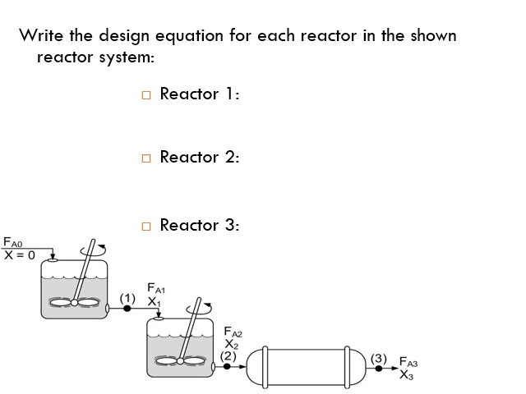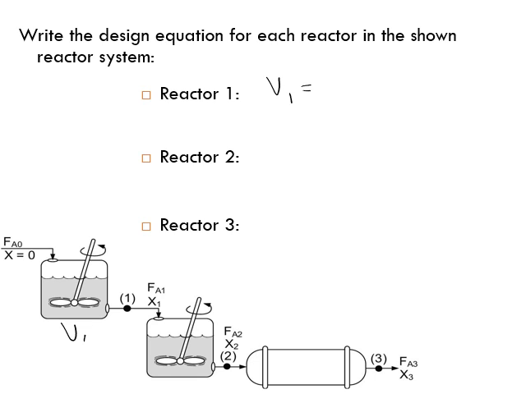So the first one is CSTR. What would be the design equation? Well, the design equation would be V1, correct? So I'm concerned with reactor 1, which has a volume of V1. So V1 equals, this is a CSTR, so we have an algebraic equation.